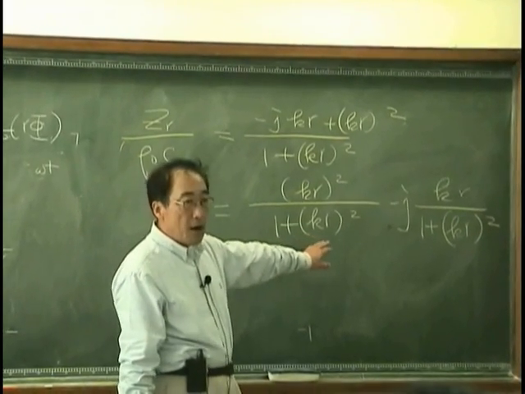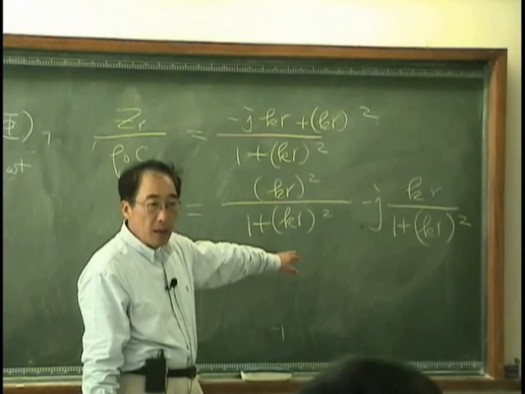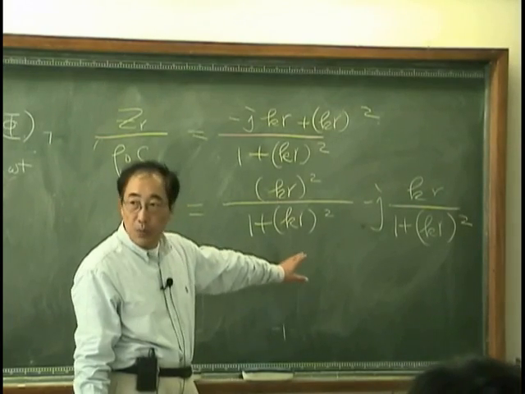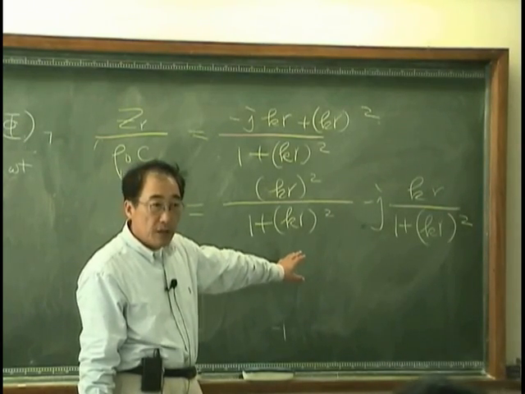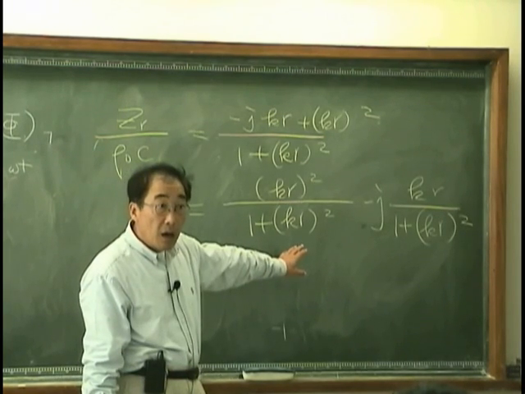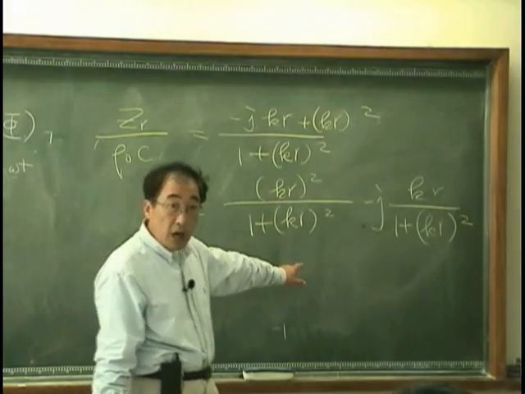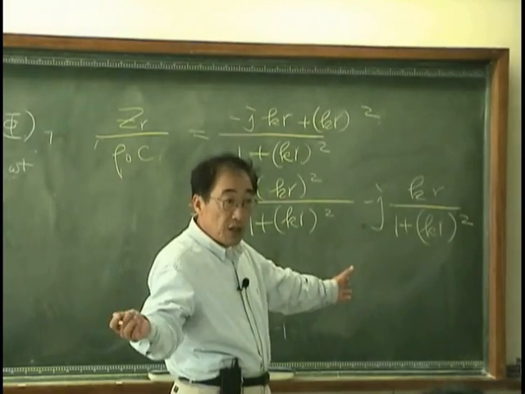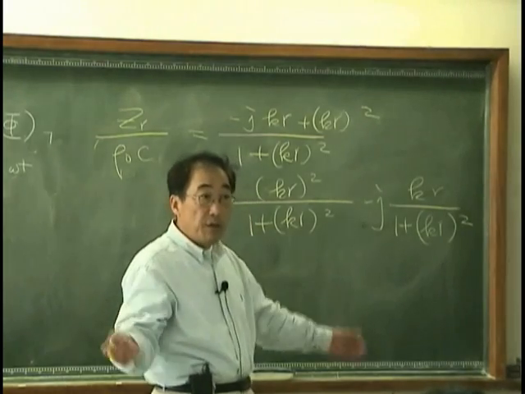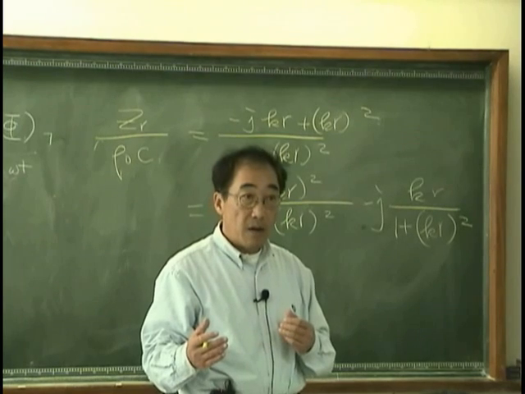Okay, if KR is very large, it physically means what? Wavelength is small compared with R, right?